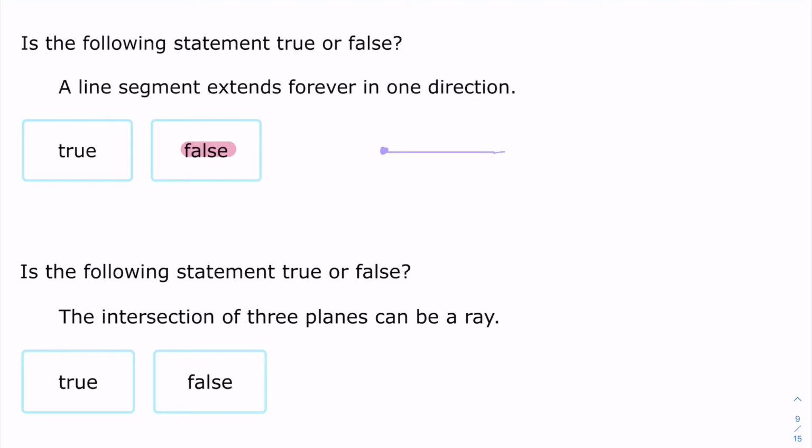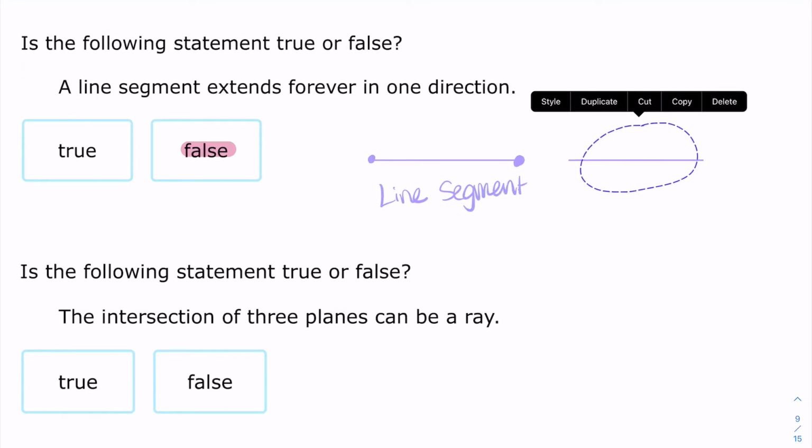This is our line segment, and then here is our ray.